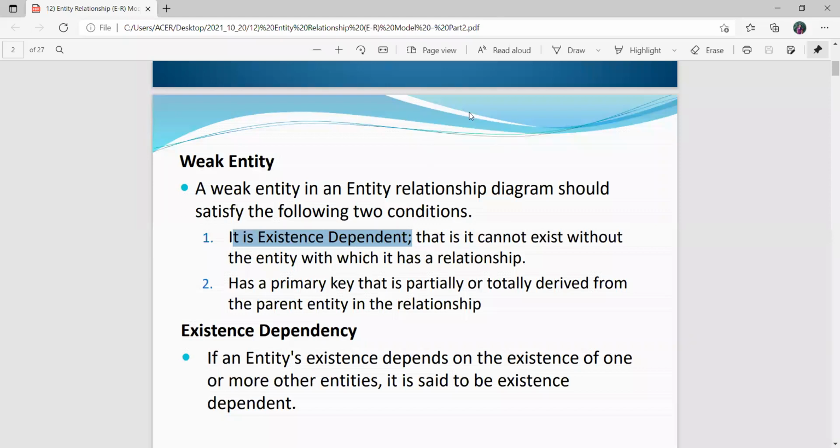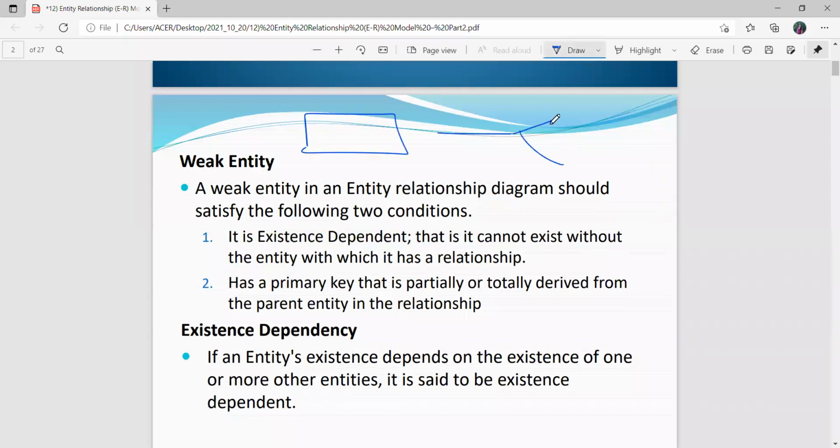As an example, if this is a weak entity, it needs to have this one. So this cannot exist without this entity. This is known as existence dependency. Also, a weak entity has a primary key that is partially or totally derived from the parent entity in the relationship.